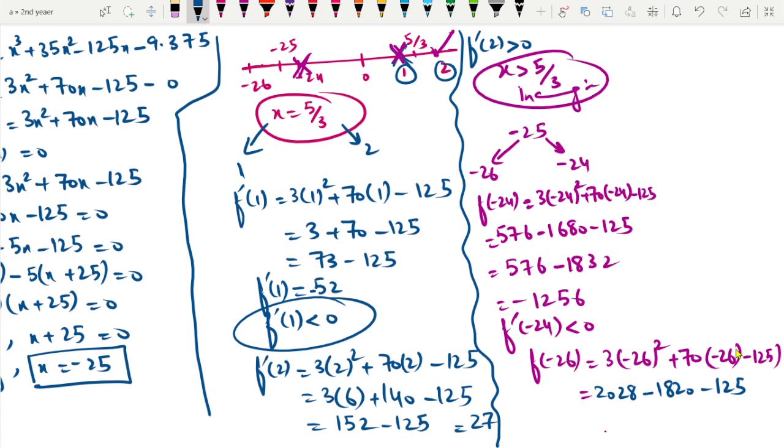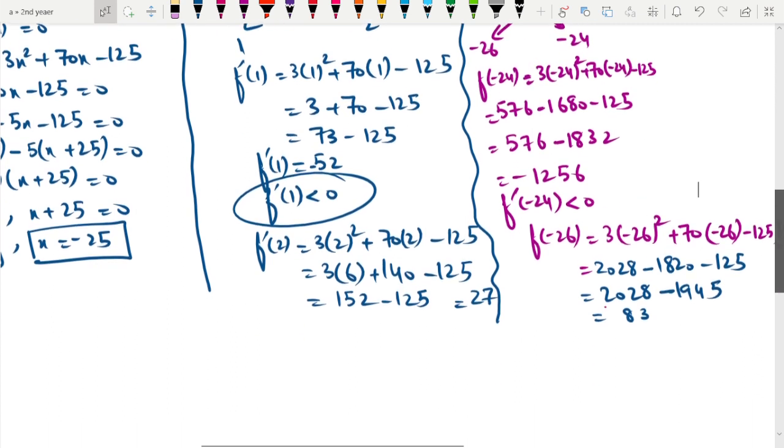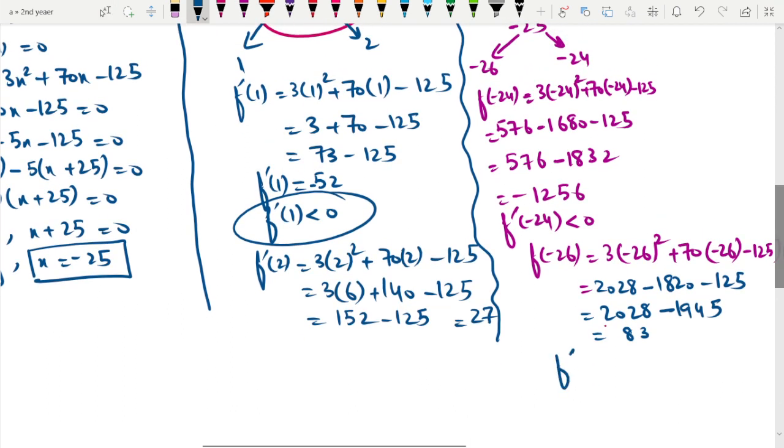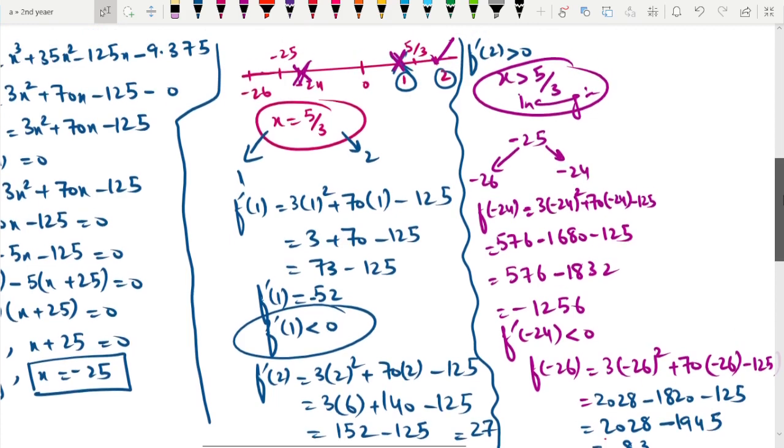2028 minus 1945. So the answer of this is positive. So f prime of minus 26 is greater than 0. So the function is increasing. Here we made a mistake.